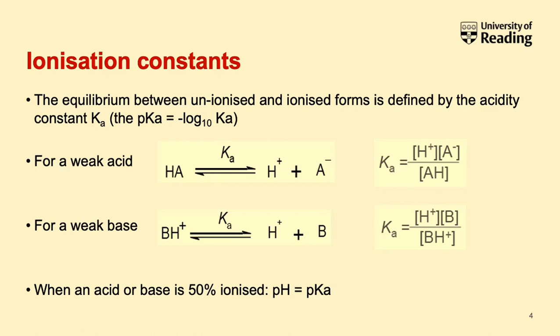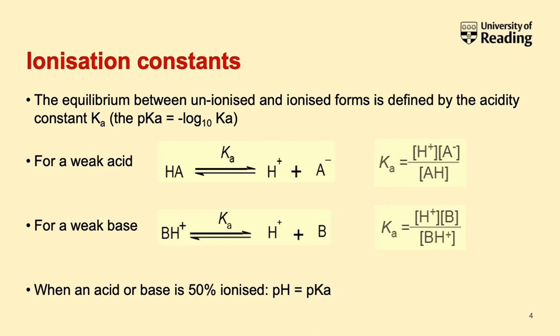But in the case of a weak base, when we add the extra hydrogen to one side of this, then it will make our base charged. So if you think of NH3 plus as a moiety on a molecule, that will become an H plus and then NH2 on the other side. And so we have an equilibrium constant for that as well.